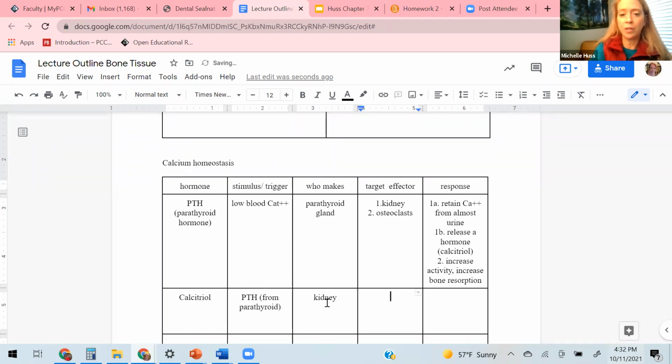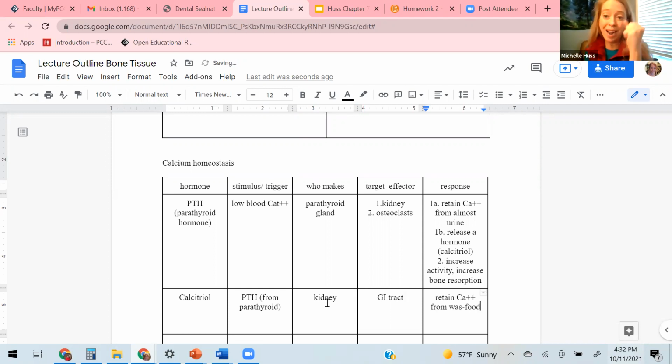So you're going to see it's a little redundant. Who is the target? It's the GI tract, believe it or not. So it's your small intestine mostly, but your GI tract is fine. And what is the response of the GI tract? Retain in the bloodstream more calcium from the food you were eating.